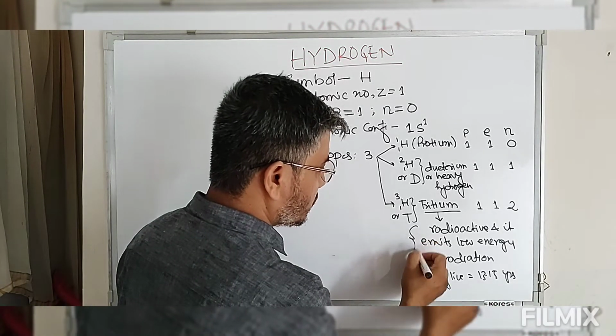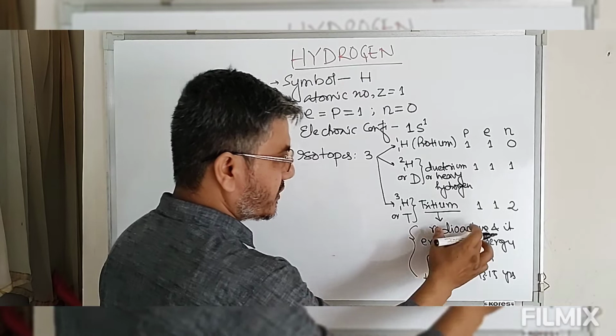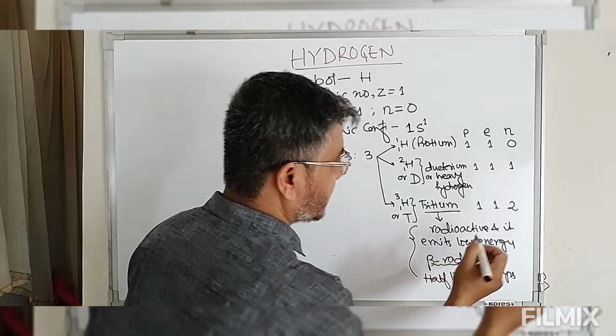Now out of these, we have this tritium, which is the heaviest isotope, which is radioactive, and it emits low energy beta radiation.